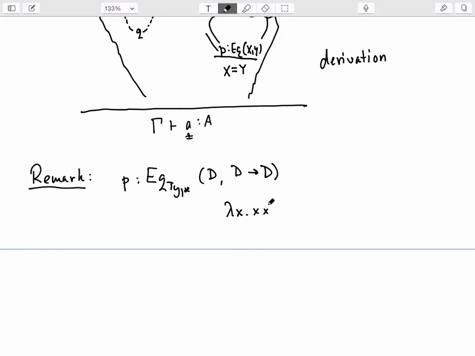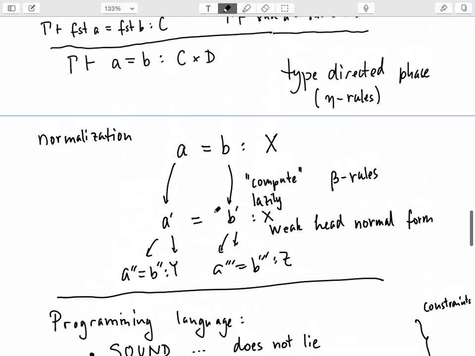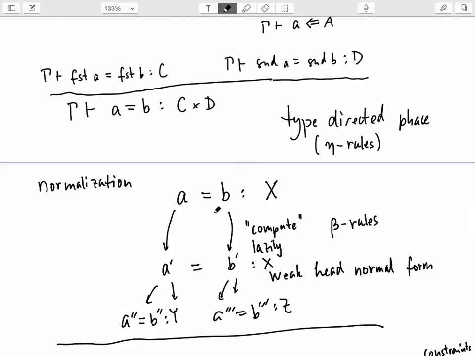So lambda x:D, xx is well typed. And this is the road to hell now, right? Because you just do the usual thing and get yourself a loop. So any kind of normalization like that, we have to be aware that normalization doesn't terminate anymore. Weak head normal forms do not necessarily exist.